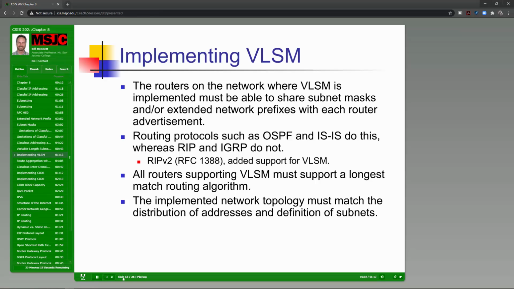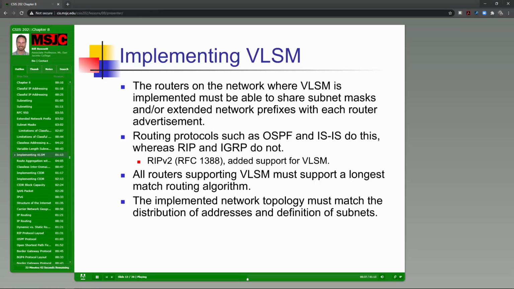Now, in order for variable length subnet masks to work, the routers need to support that technology. So if you have an old enough router, it may not support variable length subnet masks. It may use the older RIP protocol. And remember, RIP didn't support variable length subnet masks. But as long as it supports some of the newer routing protocols such as OSPF and IS-IS, then you'd be okay. But if it only supports RIP and IGRP, then you would not be able to support variable length subnet masks.